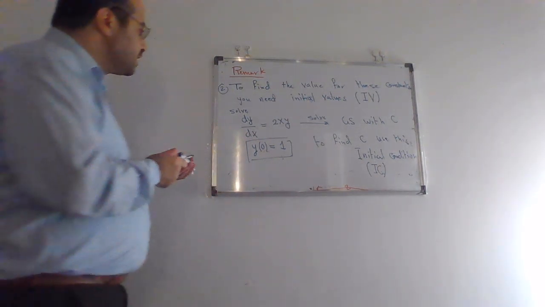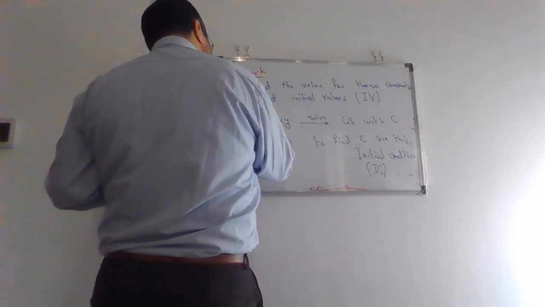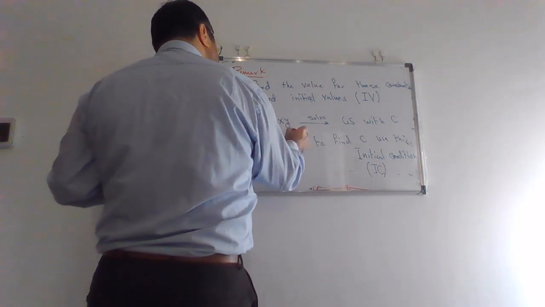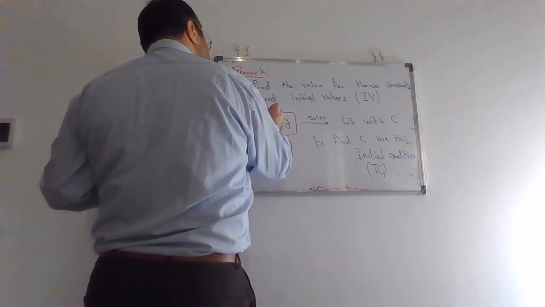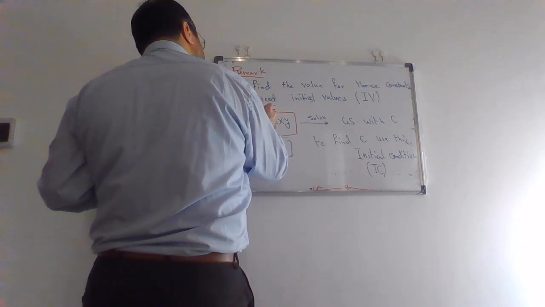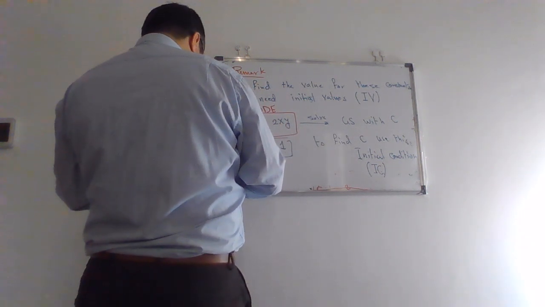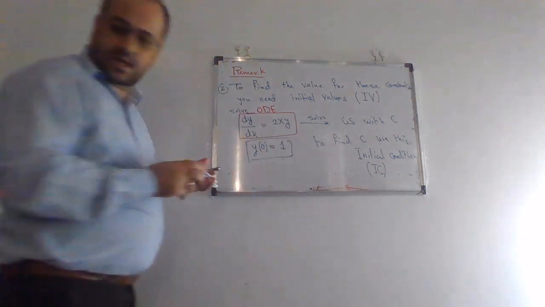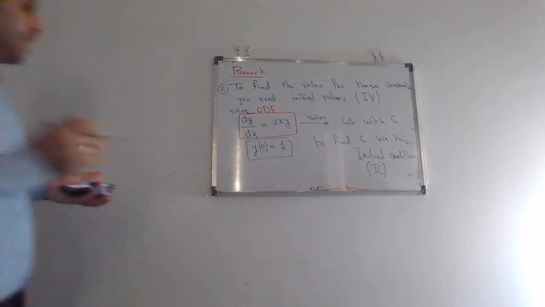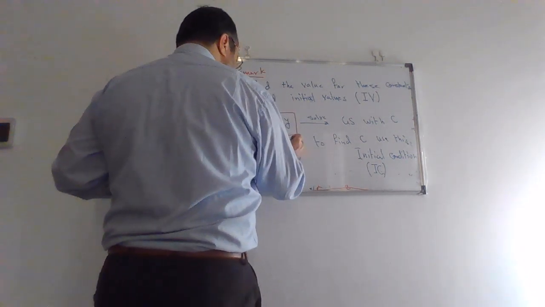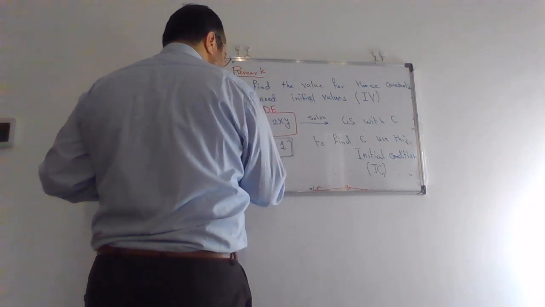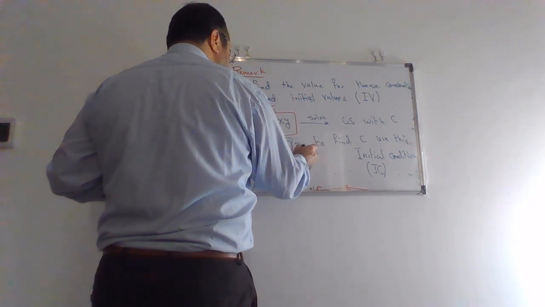Let me just tell you one thing. When I give you this thing alone, it is called a differential equation, and it is an ordinary differential equation, right? And this thing is the initial condition.